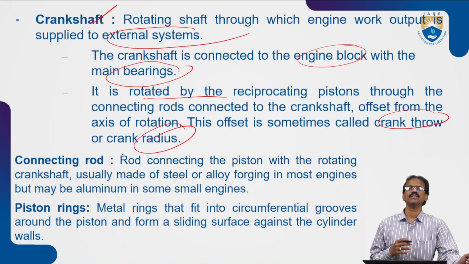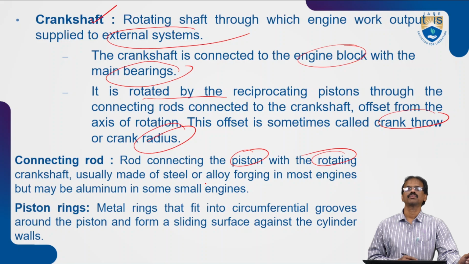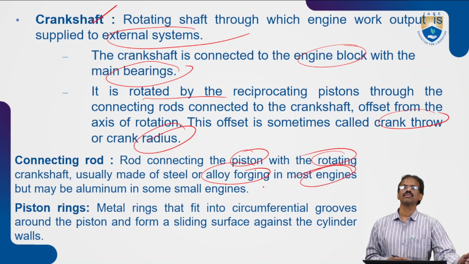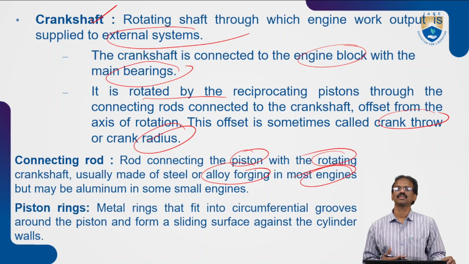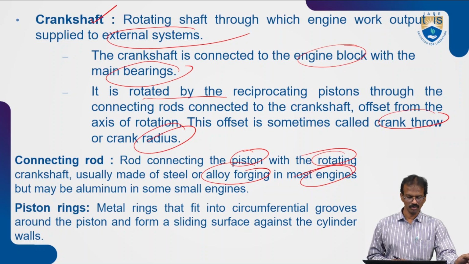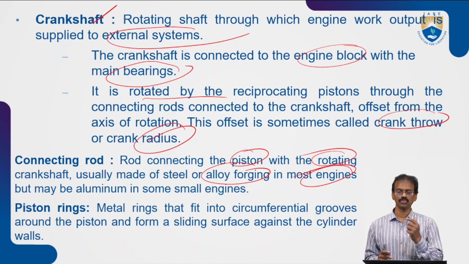Next, the connecting rod. It connects the piston and the crankshaft. It is the rod connecting the piston and the rotating crankshaft, usually made of steel or forgings in most engines, though in some cases aluminum is also used. Next, the piston rings, which are very important. The piston rings fit in the circumferential grooves of the piston.